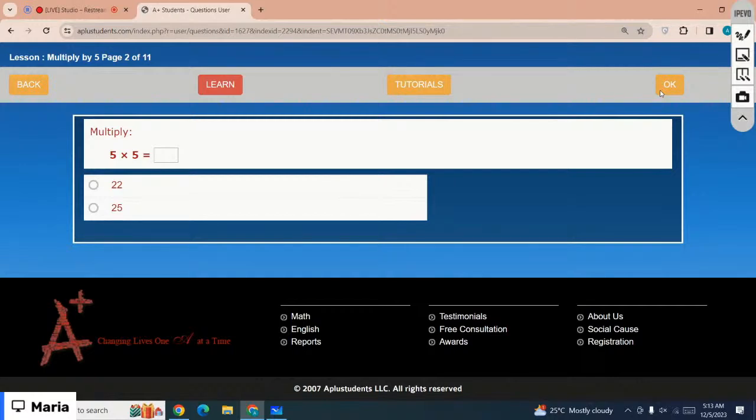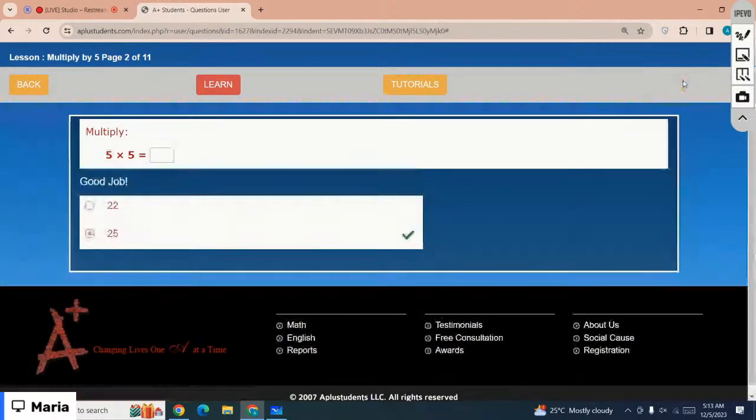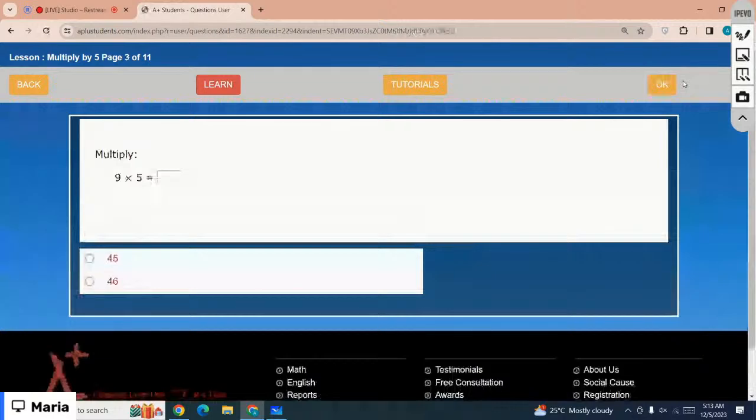The correct option is 25. Okay, the next one is 9 times 5 or 5 times 9. They both are exactly equal.